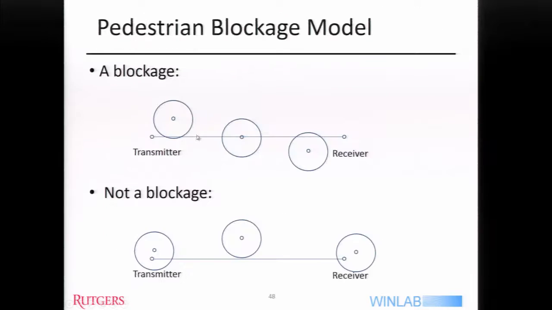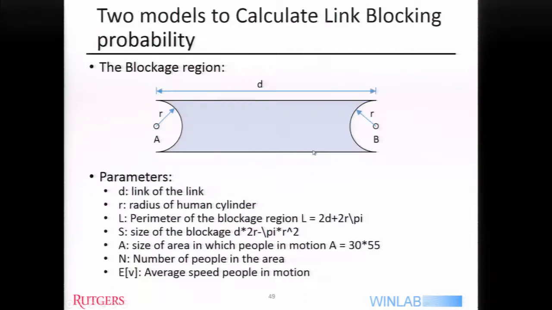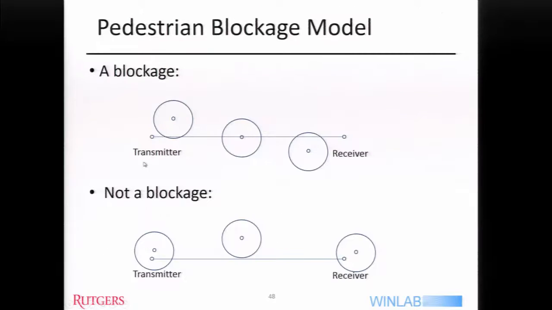I apologize, but I don't understand your diagram. If you go back one, so is it a single point source at the transmitter? Yes. And then what is the circle? The circle is the human body. Oh, okay.